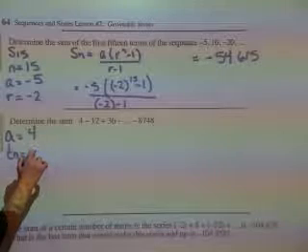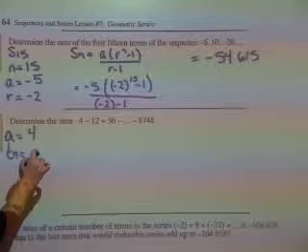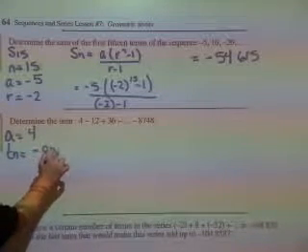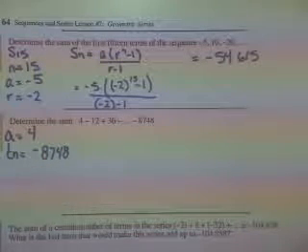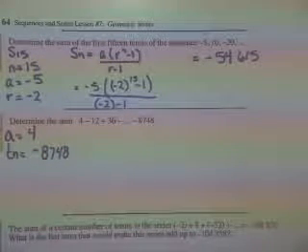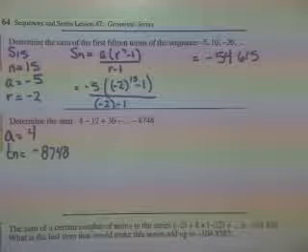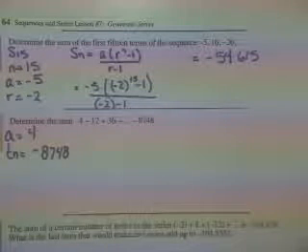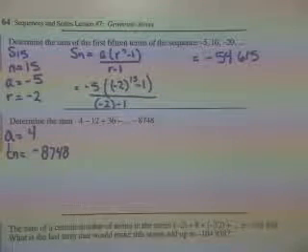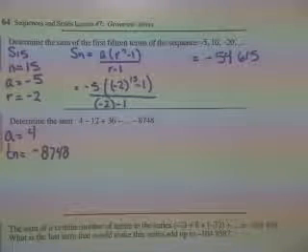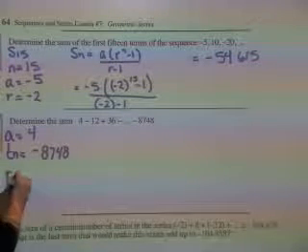What's the last term? -8,748. Okay, what else do I have? I have the common ratio. What is the common ratio?